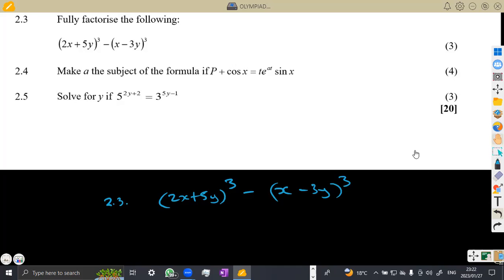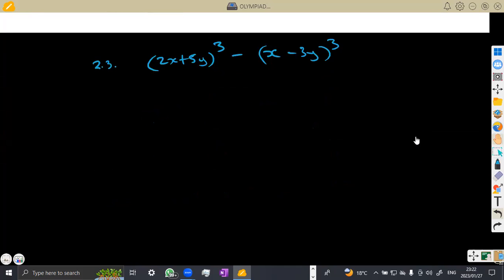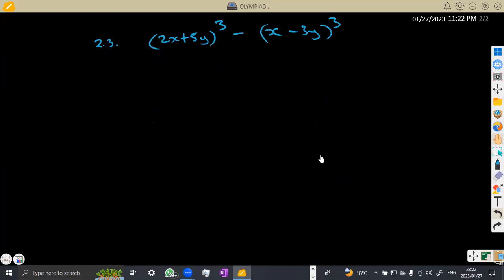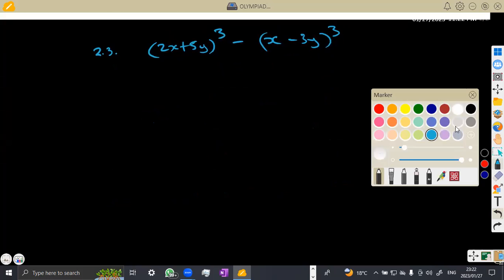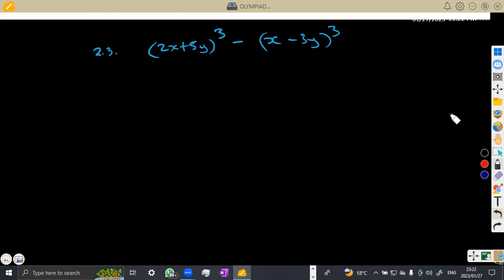Okay, so this is one of the most asked questions in your syllabus, guys. They are testing you here: do you know how to factorize cubic expressions? These are the two most important identities of factorization. If you are given something of this nature, a cubed plus b cubed, you are going to obtain (a plus b) into (a squared minus ab plus b squared).